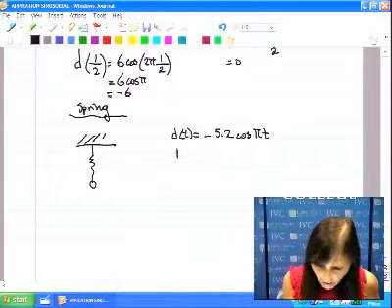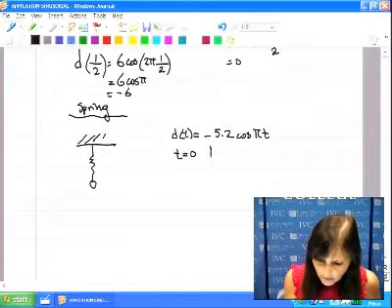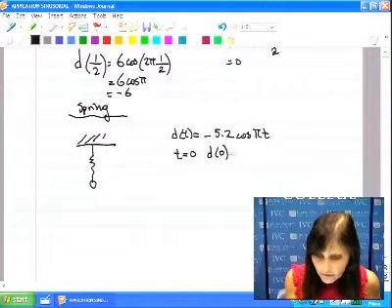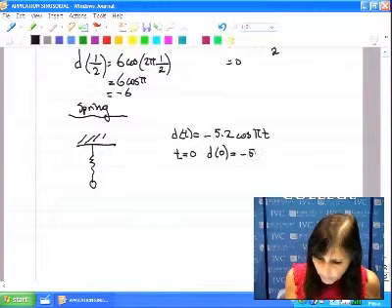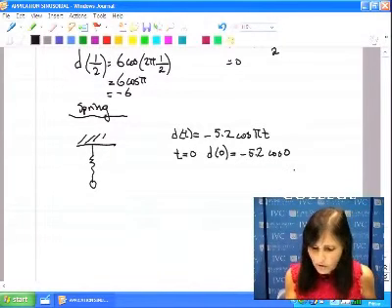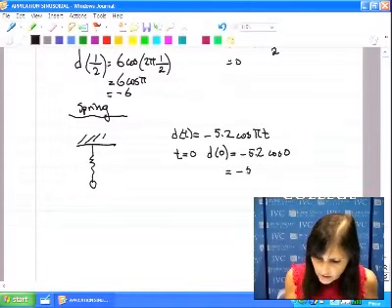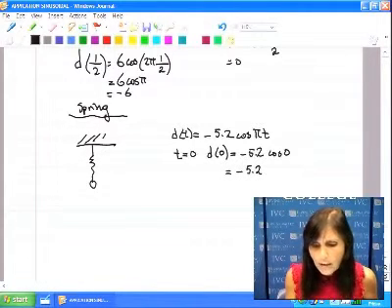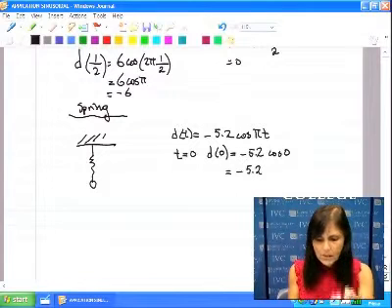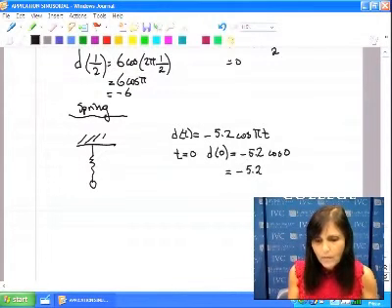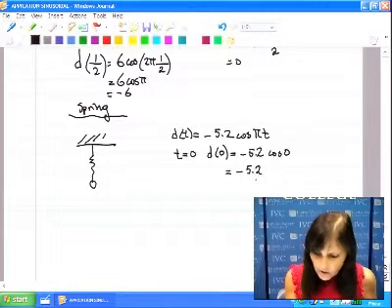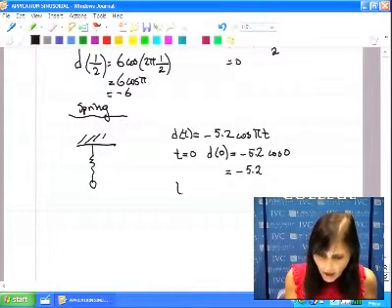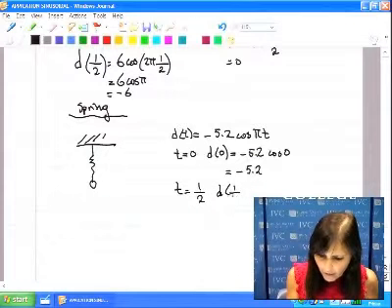So at time 0, d of 0 is simply -5.2 cosine of 0. And cosine of 0 is 1. At time 0, you're at -5.2. All right? So you have that, and that means you're going to pull it down, and you start at that location. And at time 1/2, what is d of 1/2?